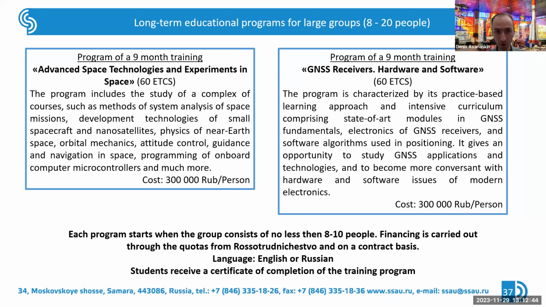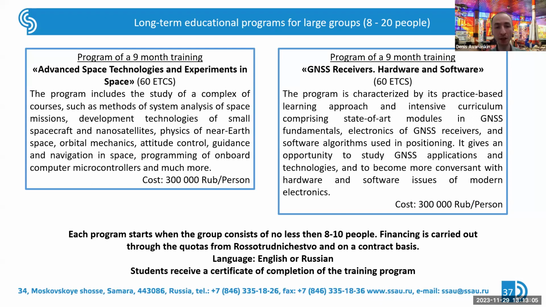As I told before, this is 9 months. The amount of hours is equal to 1 year of bachelor or master degree. So in the European system, it's 60 ECTS.